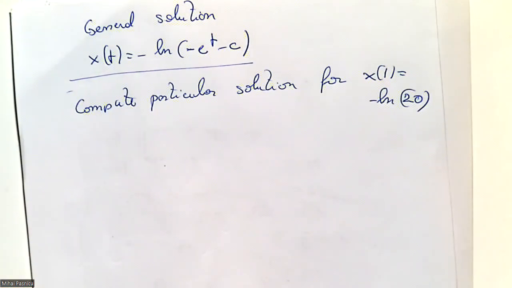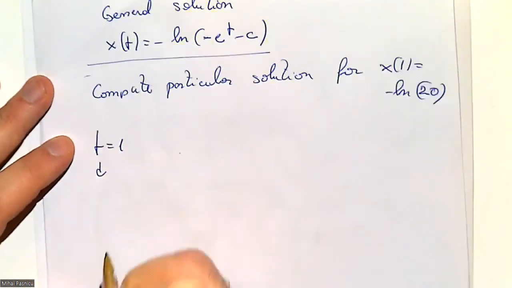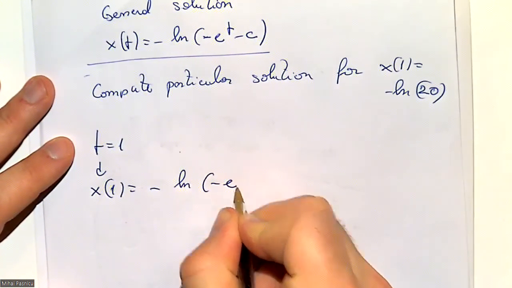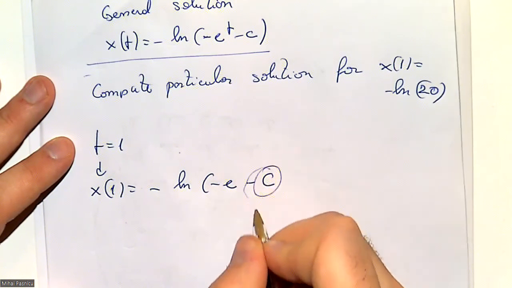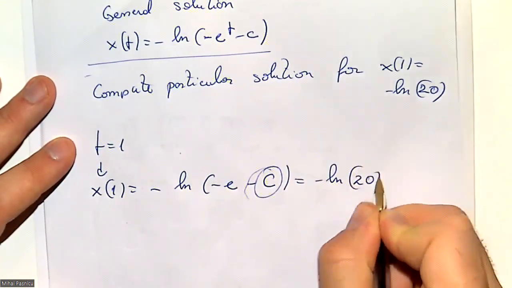Now, what you do here, as I said, you do exactly like we did in the linear. Plug in t equals 1, and you get x of 1 is equal to minus ln of minus e minus the constant, which again, it's just a matter of finding out this constant, is equal to minus ln of 20.